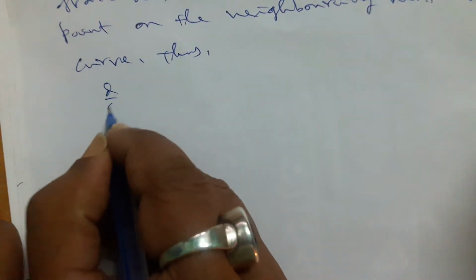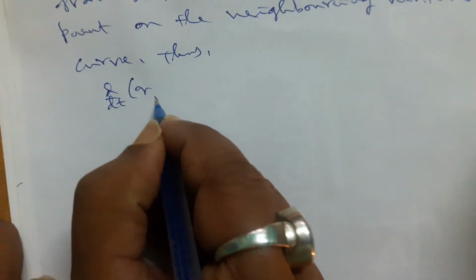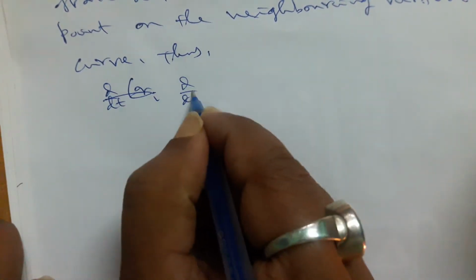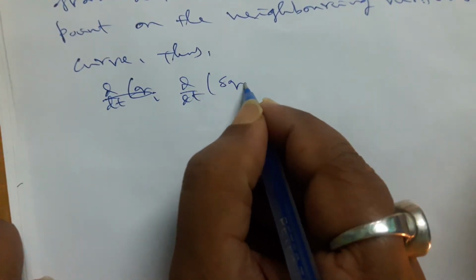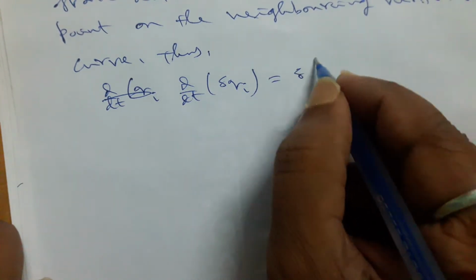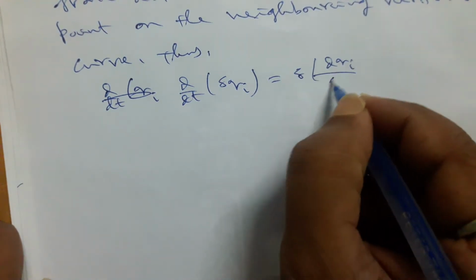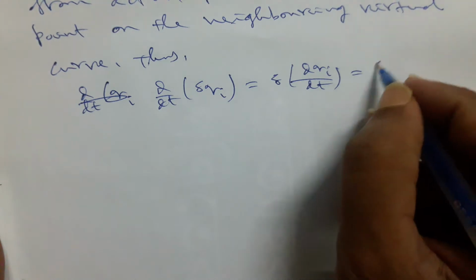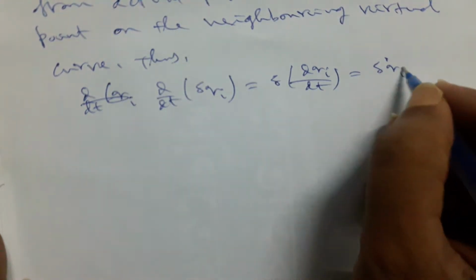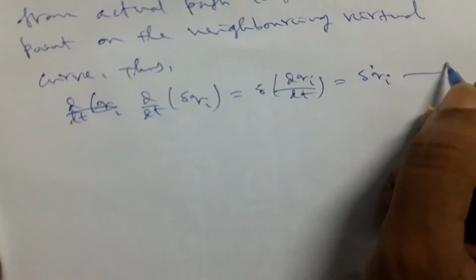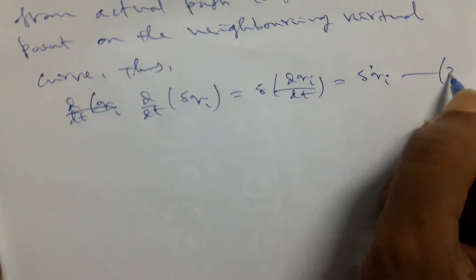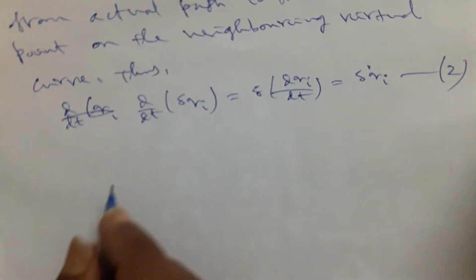Thus d/dt of del qi is equal to del of dqi/dt, that will be del qi dot, and we take it as equation number 2.